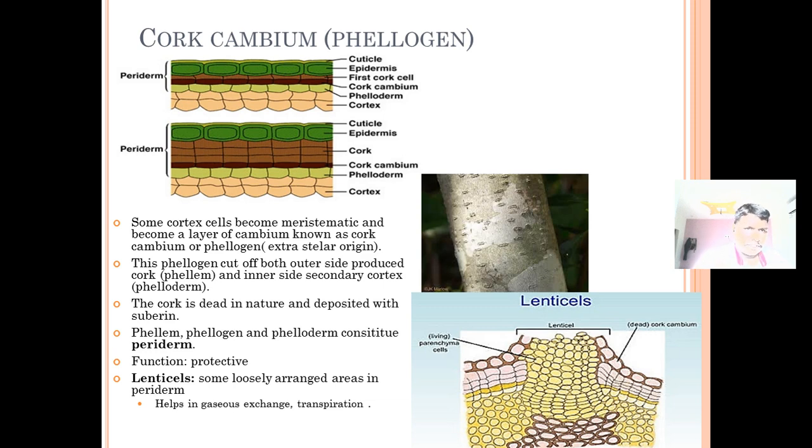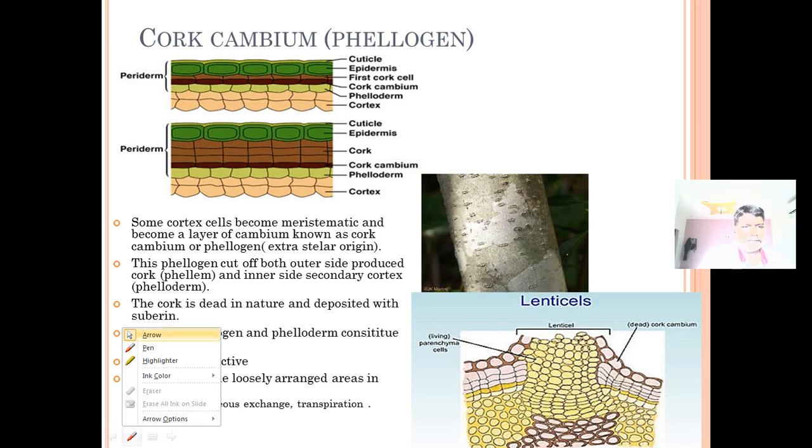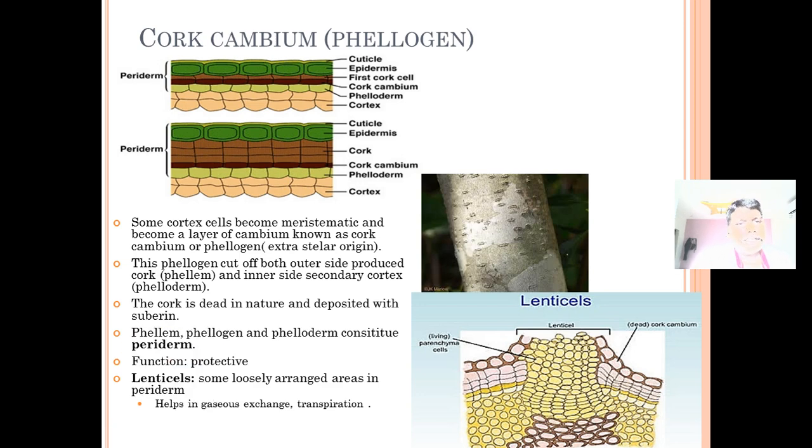Next we will discuss the cork cambium. Some cortex cells and some of the pericycle cells become meristematic and start dividing, producing some layers of tissues.